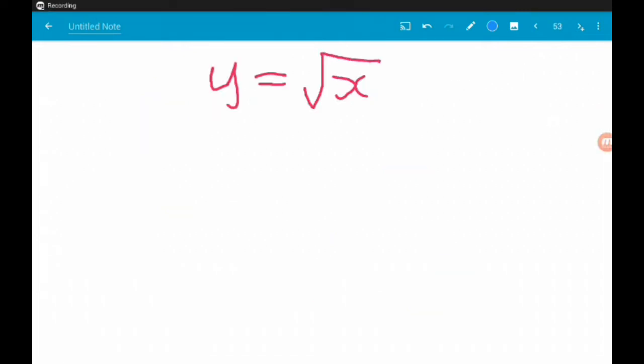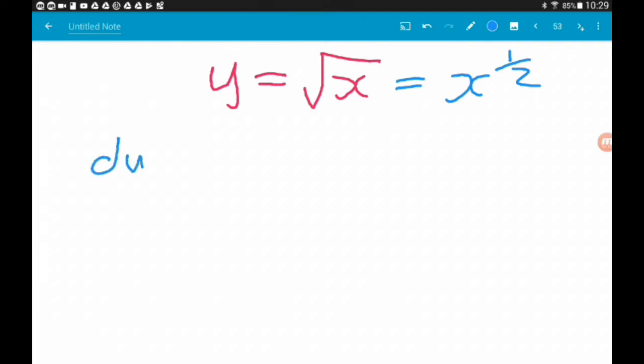Okay, next up we've got y equals root x. So again we need to write this in power form. So the square root of x is x to the power of 1/2. So our first derivative, dy by dx, is 1/2 x.